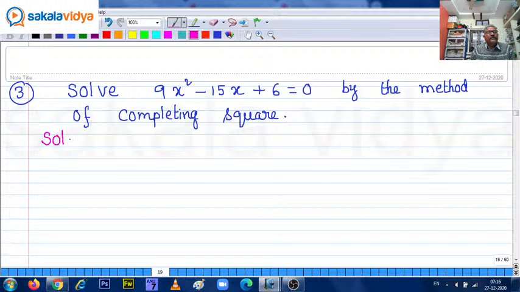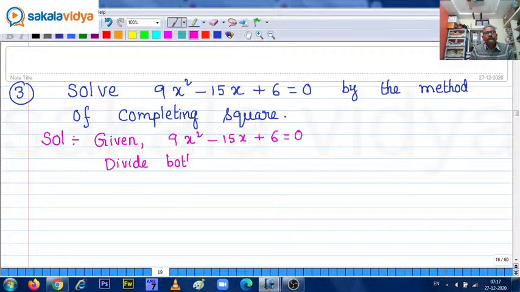What is the first step? Here given 9x square minus 15x plus 6 equals to 0. Divide both sides by 9. Then what do you get now here?